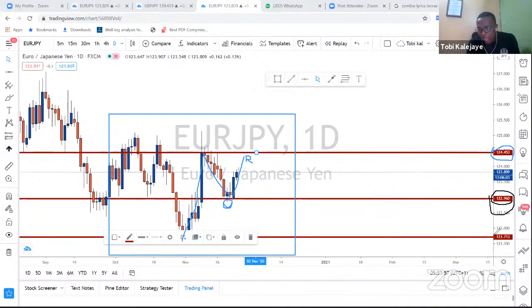And then on this one, we'll have it as what? 121.713. But in reality, price is not a particular exact point. Try to understand this. Price is usually in a range. And I'm going to use this to try and illustrate that.